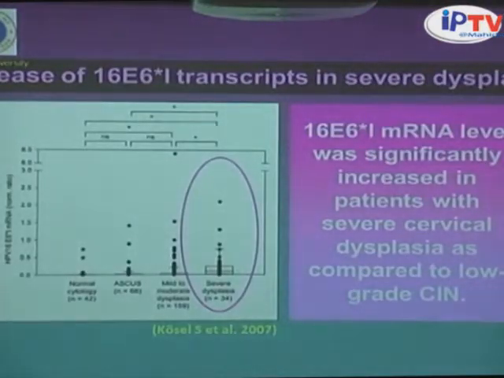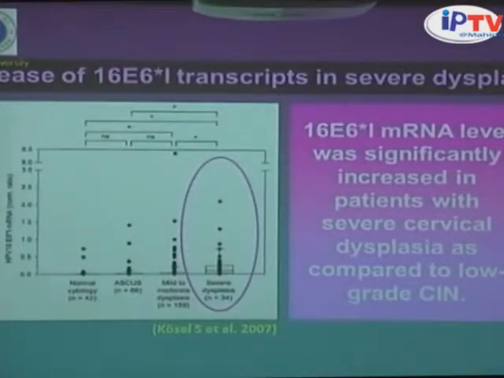Now, what interests us is the report from Cosell in 2007, who said that the E6 star protein has been increased when the cancer developed into the more advanced stage.